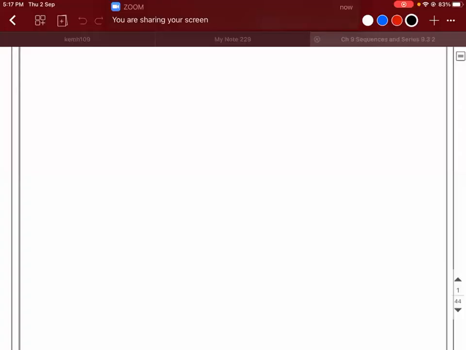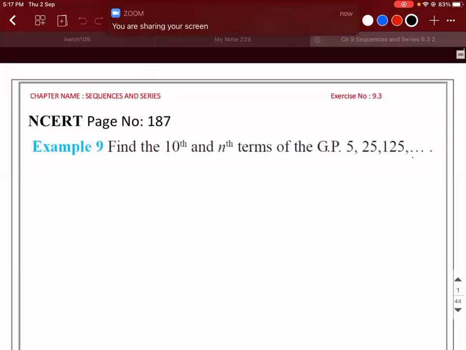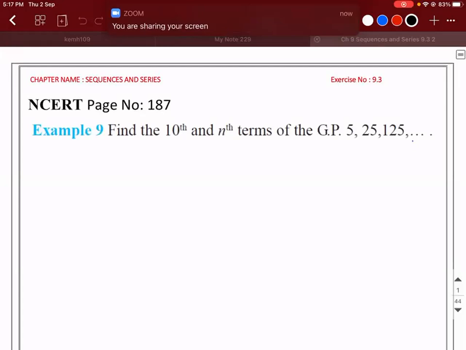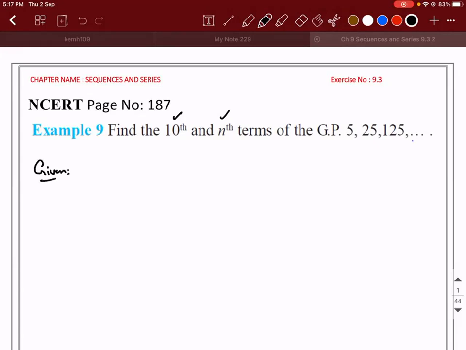So we'll do some problems. See, I want you all to discuss your ideas with me, okay? Because then we can figure out if there is any new idea that is coming. So find the 10th and the nth terms of the GP 5, 25, 125, so on. So from the given data, what can you say? A is 5.